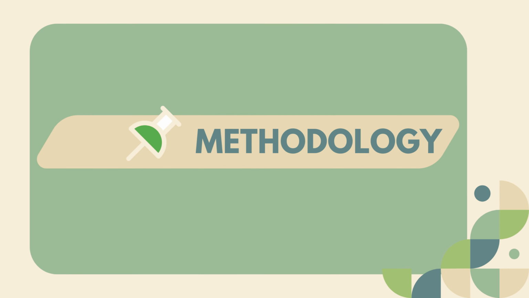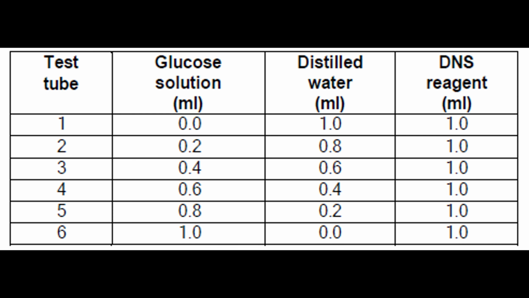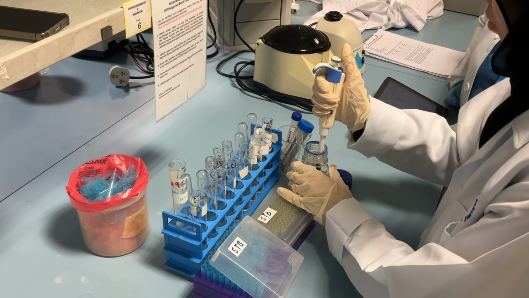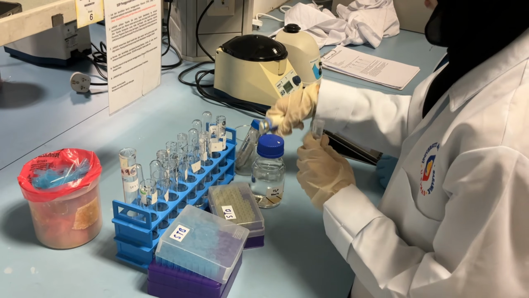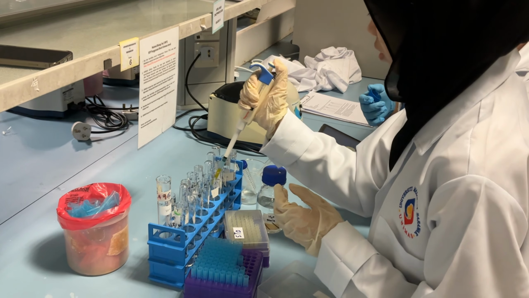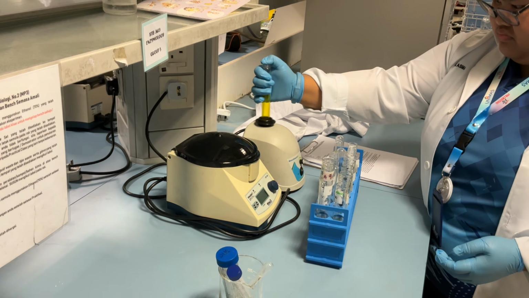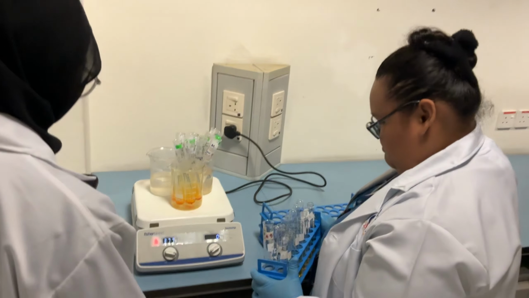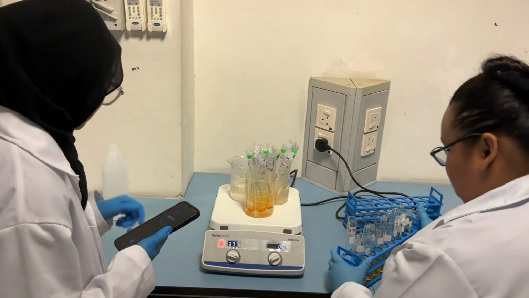Methodology. First, the following reagents were duplicated in pipette and transferred into a series of dry, clean and labeled test tubes as indicated in the following table. After the above-mentioned solutions in the labeled tubes were prepared, the test tubes were shaken and then placed in a boiling water bath for 5 to 7 minutes. The tubes were cooled, 1 ml of Rochelle salt was added, then the solution was transferred into a cuvette.